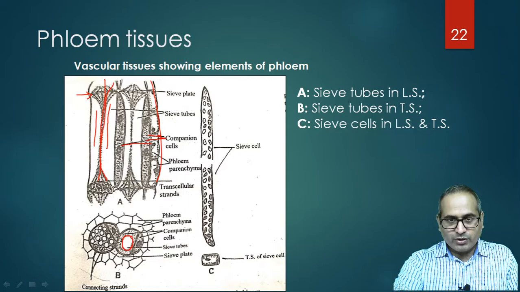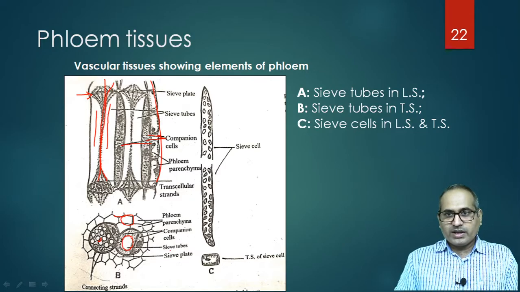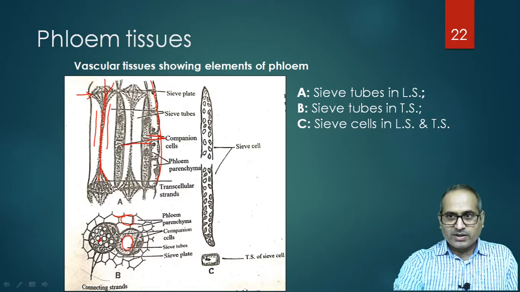The hollow part which you can see is the sieve tube, and this is the sieve plate where perforations can be observed. These sieve tubes and sieve plates are again flanked, or rather supported, by phloem parenchyma on the outer side. So these are LS and TS of sieve tubes, and in sieve cells in LS we see such an arrangement. These are sieve cells, and this is the TS of a sieve cell.